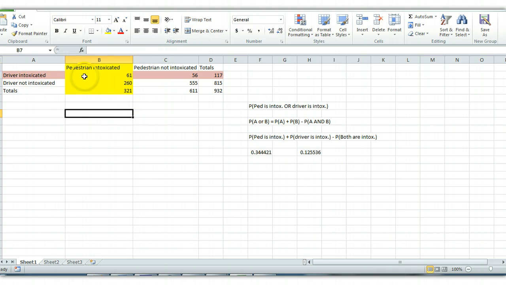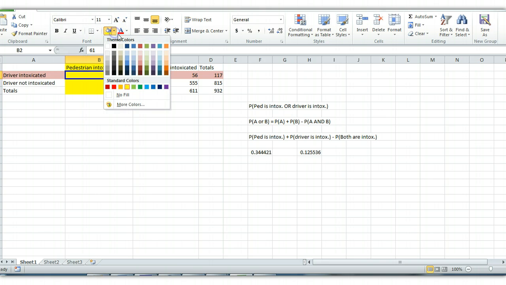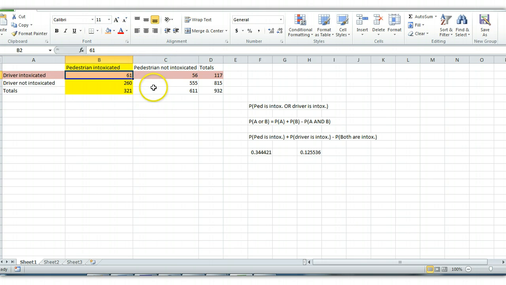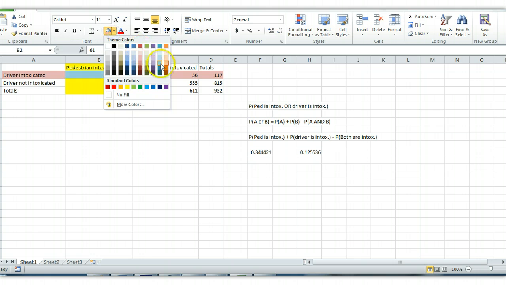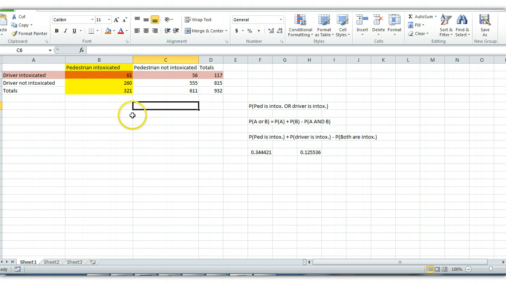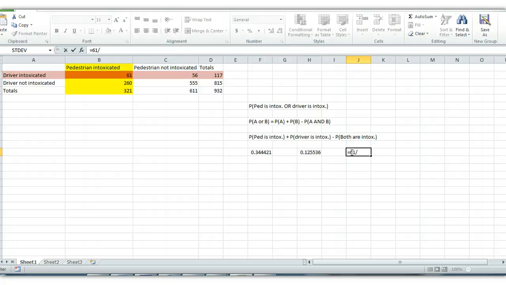If this is red and this is yellow, then this would be orange. So these 61 is where the driver's intoxicated and the pedestrian's intoxicated. That piece is 61 out of all 932.